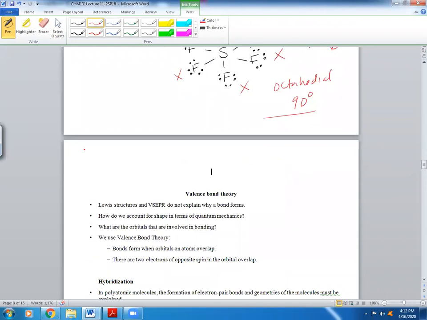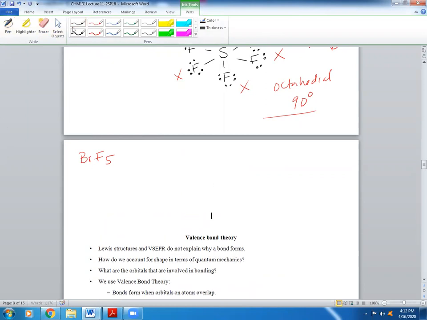Okay, so the last one. So work on this one. You should pause now. So Br has 7, and we have 5 Fs. So that's 5 times 7, 35, plus 7 is 42.